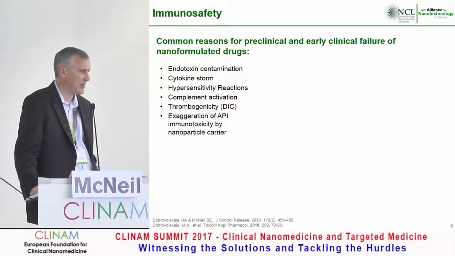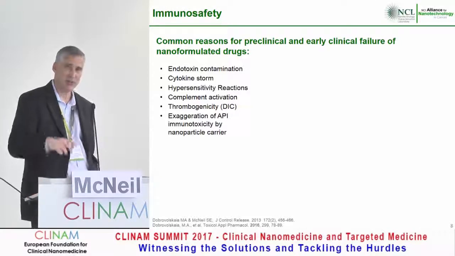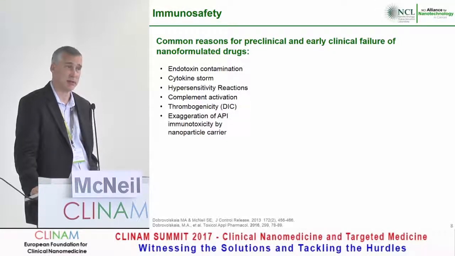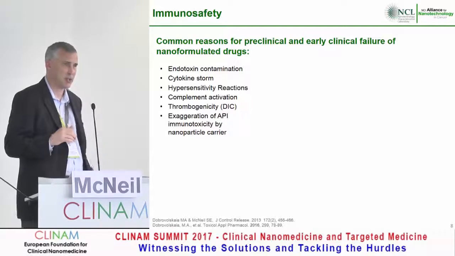So we've had things such as pyrogenicity, or DIC, disseminated intravascular coagulation. We've had hypersensitivity reactions. I mentioned yesterday some of the problems we've had with endotoxin contamination. And there's also an exaggeration of an effect due to nanoparticles, especially if you have contamination. This is actually very important: there may be a threshold that FDA requires as far as what's allowable for endotoxin contamination.